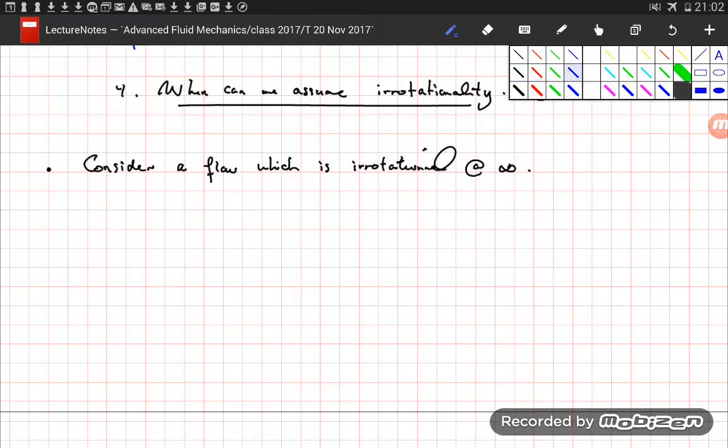And now, for a flow to be irrotational at infinity, this is not so unusual. So in practice, this is often the case. So think, for instance, about most of the time what we had was a uniform flow at infinity, right? And the flow was either uniform because it was at rest, or because there was a constant flow field at infinity.